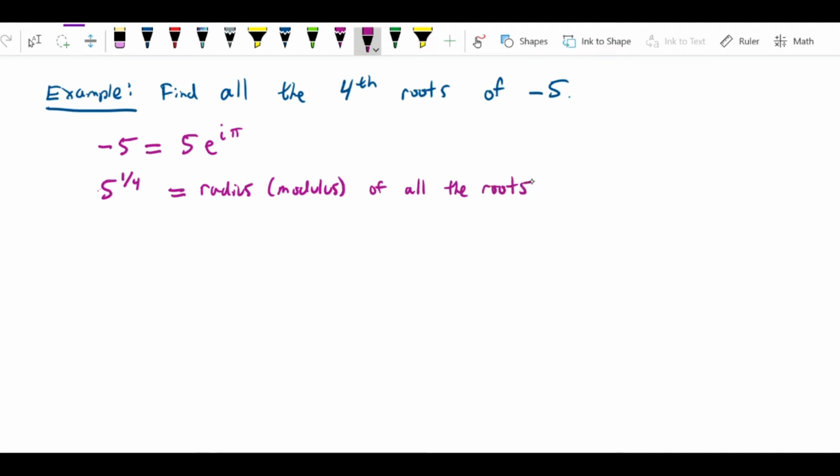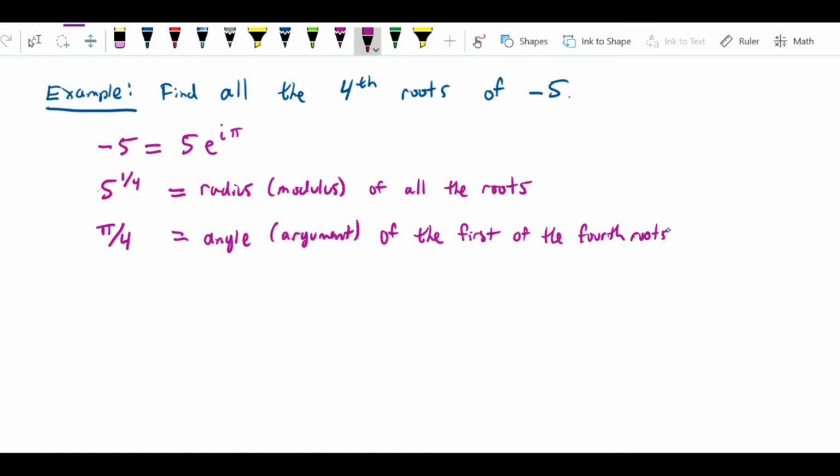Because recall that all the roots lie on the same circle, so they're all going to have the same radius. Next we're going to take pi and divide it by 4. This is going to be the angle, or argument, of the first of the fourth roots.